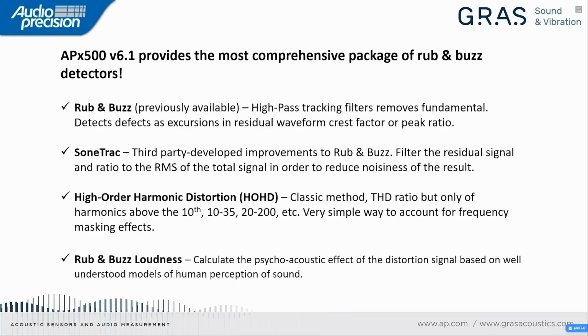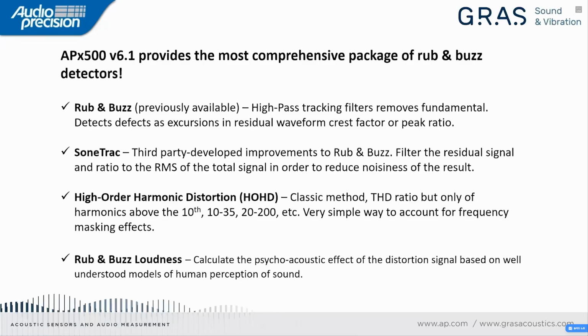So, with the launch of version 6.1 of the APX 500 software, we now have a very comprehensive package of rub and buzz detectors. We have rub and buzz, which we've had for a while. This uses a high pass tracking filter that removes the fundamental and also the low order harmonics.